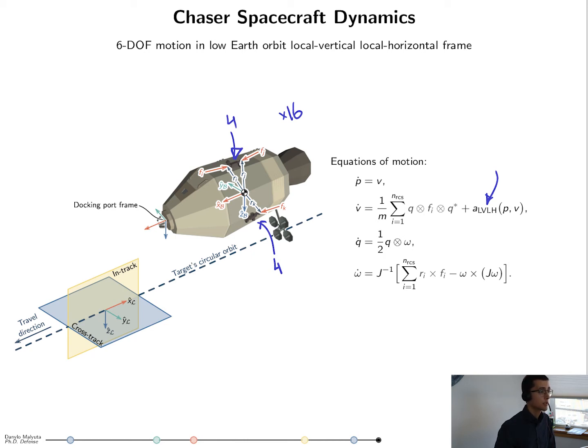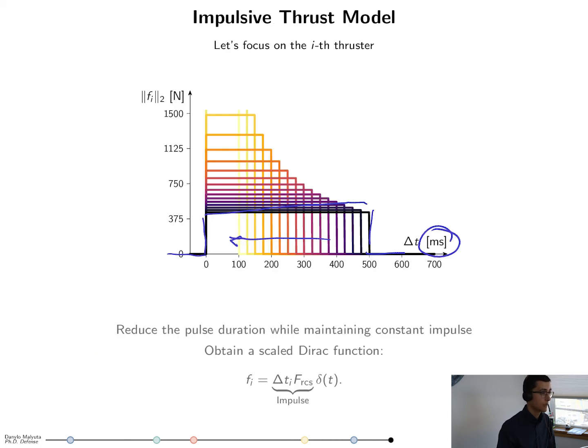The interesting part comes with the thrust model. The spacecraft is equipped on its circumference with 4 by 4 reaction control system jets. So there are a total of 16 rocket engines, essentially, that are mounted around the circumference and that the spacecraft can use to maneuver in space.